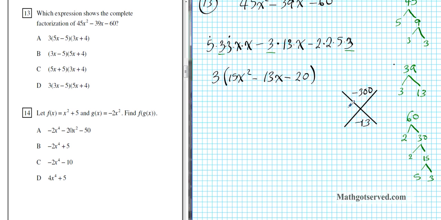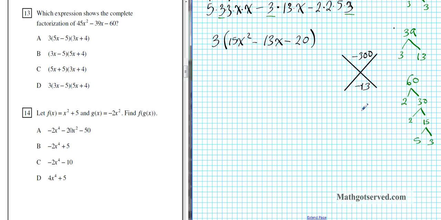Let's write down all the numbers that multiply to give you 300, and then see which one adds up to 13.